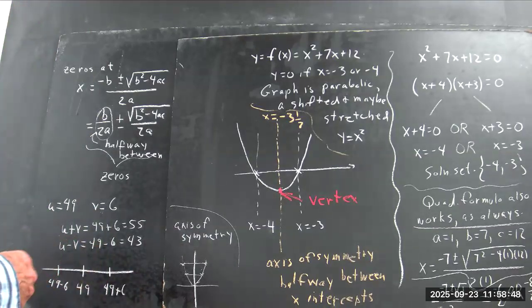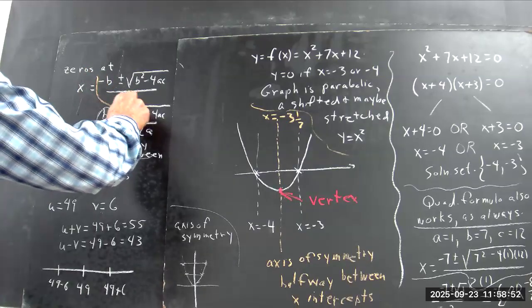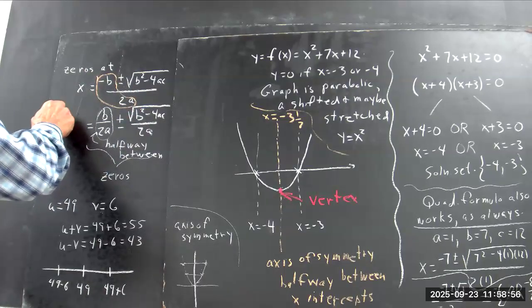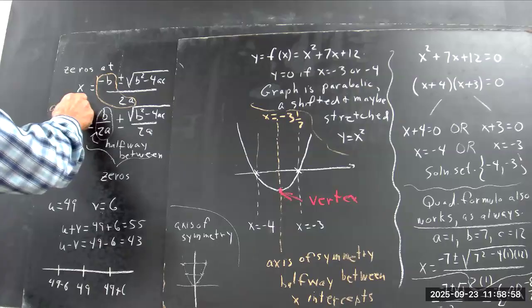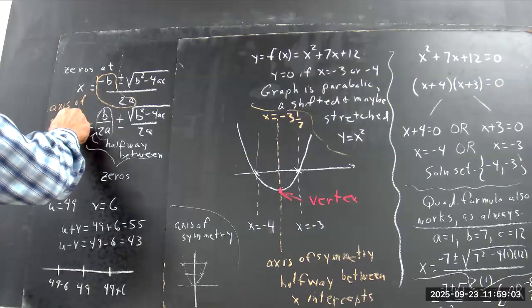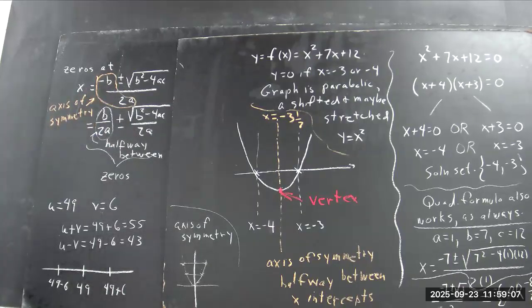Put that together. See that this much of the quadratic formula gives you your axis of symmetry.